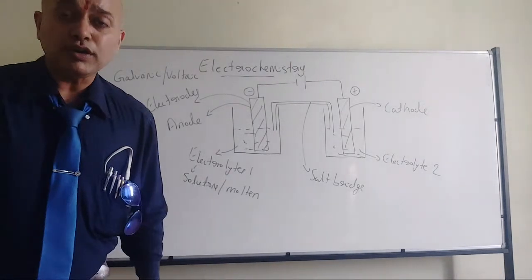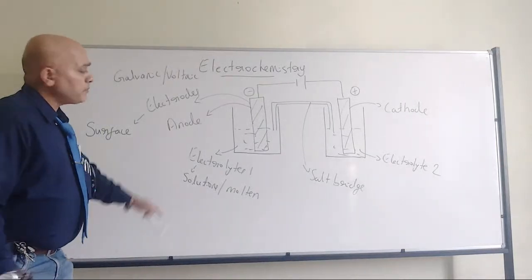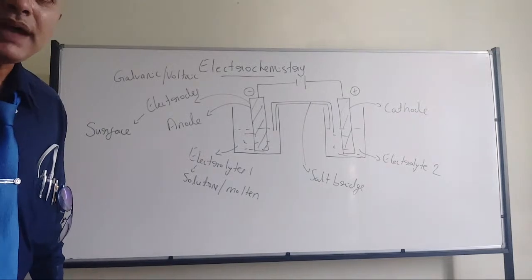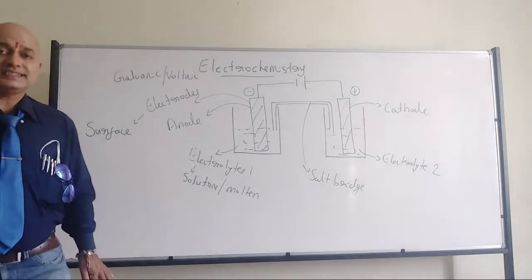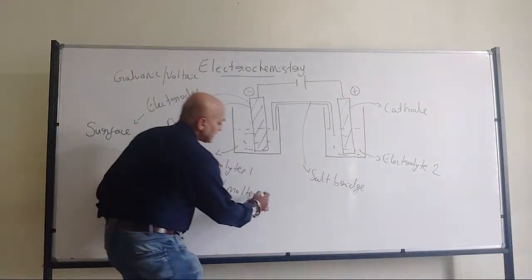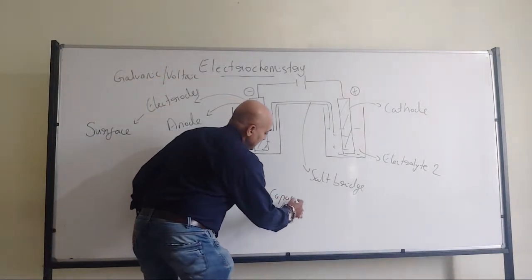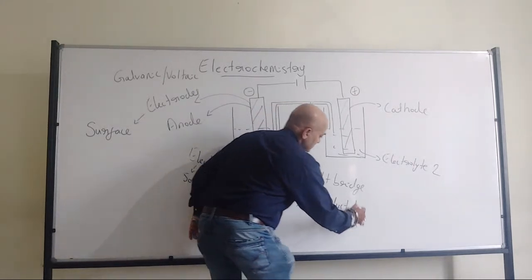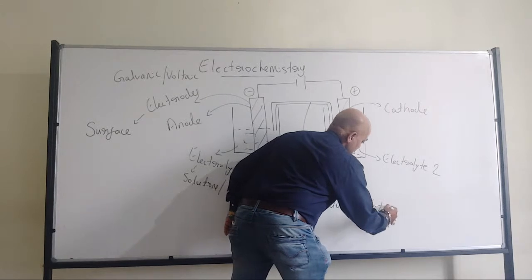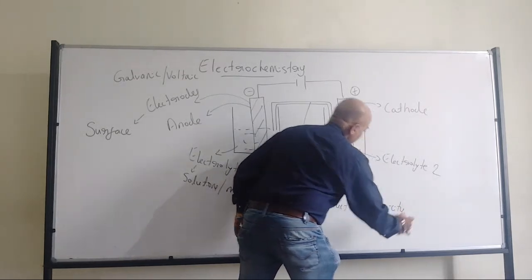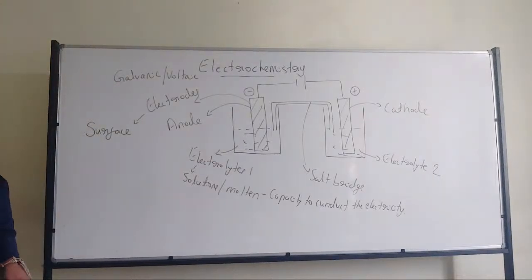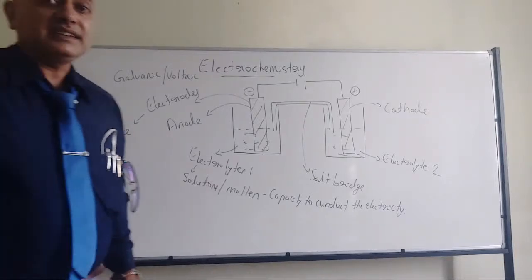These are the compounds, in solution or in a molten state, which have the capacity to conduct electricity. That's why they are used in the formation of galvanic or electrolytic cells.